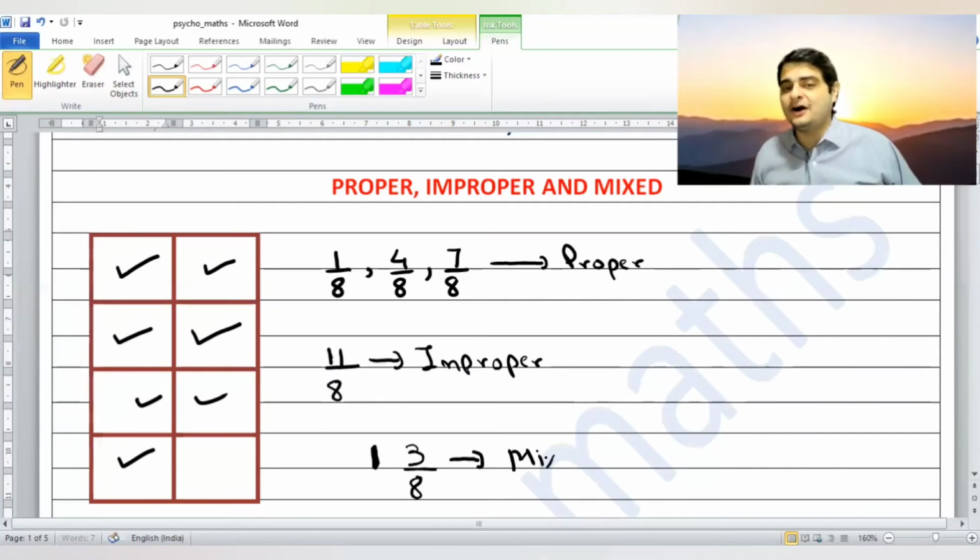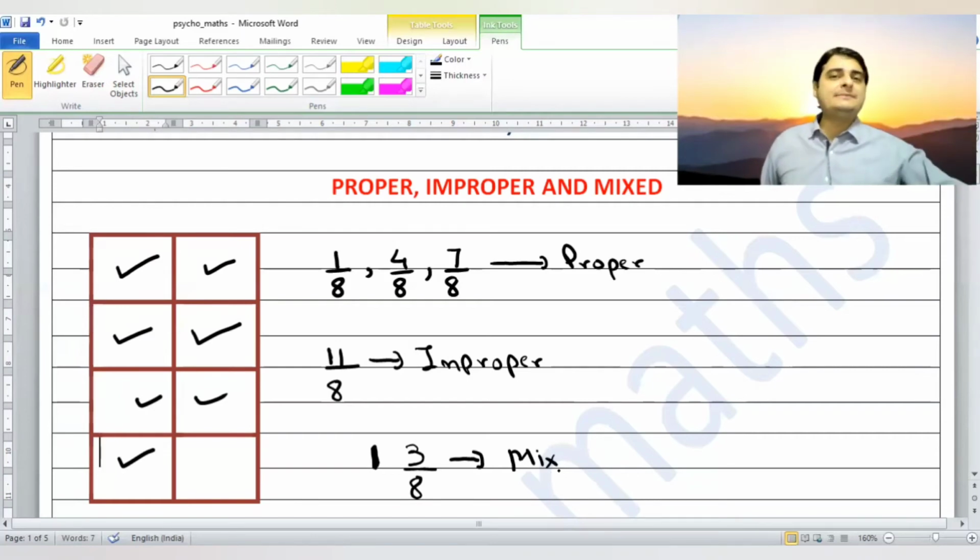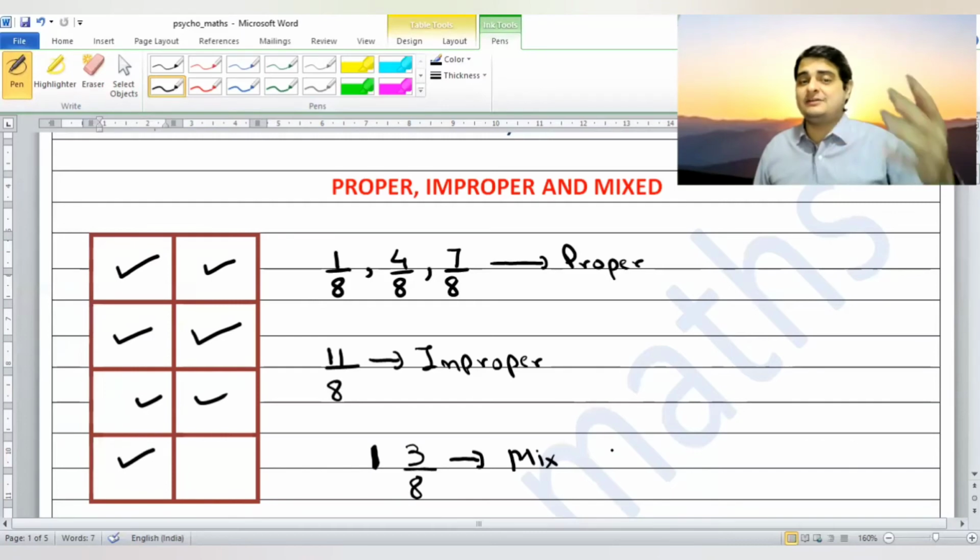Yes or no? One chocolate has been completely given out to them, and from the second chocolate you give them 3. So the whole team can enjoy, and you will be left with a few pieces for your own taste, right? From there comes the logic of a mixed fraction.